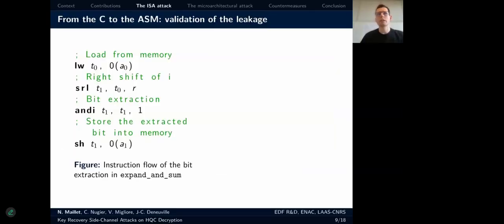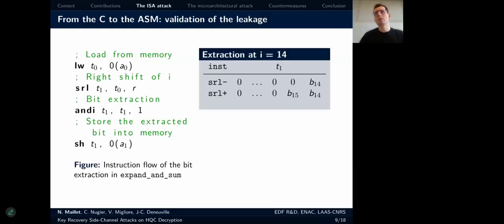So if we look at the assembly code from the inside of those loops, we have 4 instructions, and we can do a step-by-step execution of this code in order to see what happens to the registers and if there is some leakage. If we look at the T1 register, the values it takes are the values of the sensitive value v minus uy, which is named with its bits because it's a 16-bit block, and it is named from B15 to B0.